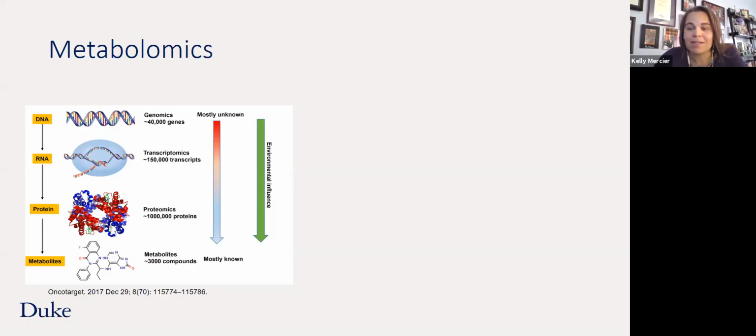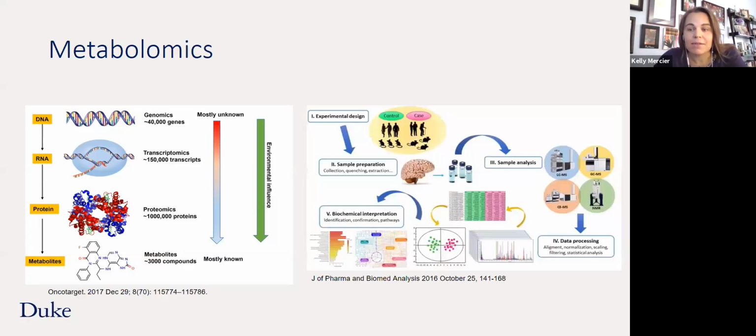So these experiments on the right describe the sample preparation and handling that's exceedingly important for determining differences in concentrations of these small molecules for metabolomics to yield useful data. It all starts with the experimental design and the question that we're wanting to answer.